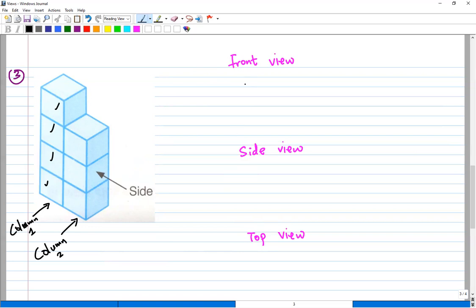Okay, so let's draw that here. One, two, three, four. Okay, and now column 2 has 3 levels. You can see 1, 2, 3. Let's draw it here.